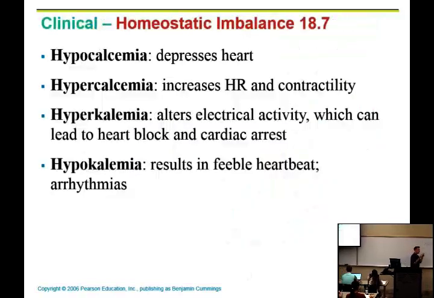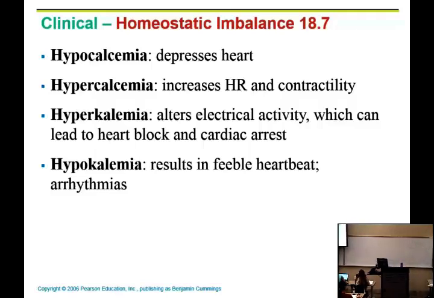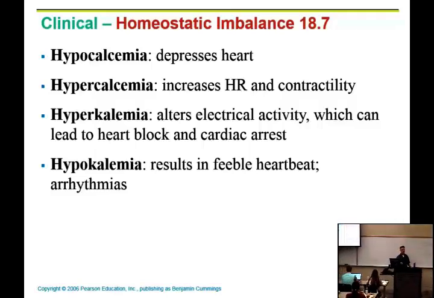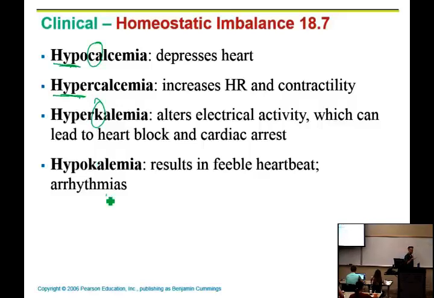Okay. So the ion concentrations are going to be important in terms of the activity of the heart itself. So what we find is if you have increased or decreased ion concentrations, it can influence the activity of the heart. So remember, hypo means low, hyper means high. Calcium is important, potassium is important as well. So hypocalcemia depresses the heart because we know that the calcium helps to depolarize the heart and maintain it in that state.